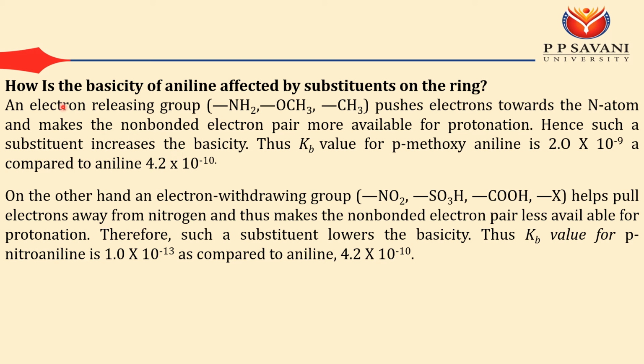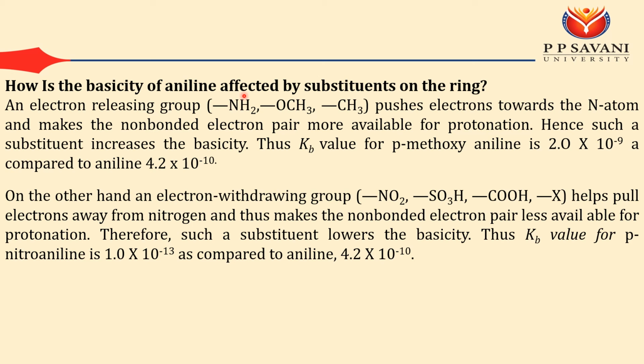So, how is the basicity of aniline affected by substitutions on the ring? There are two types of substitutions possible. Either they are electron-releasing groups like NH2 or methyl, and the other are electron-withdrawing groups. So suppose you have an electron-releasing group which can donate electrons to the benzene ring.